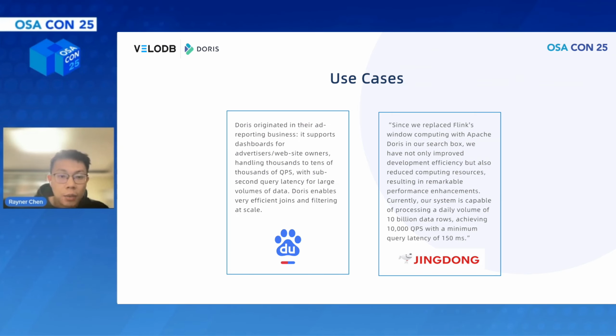And the second one is JD.com, another leading e-commerce company. They replaced the Flink window computing with Doris in their search box. They process 10 billion rows daily, hitting 10,000 QPS with a minimal query latency of 150 milliseconds.